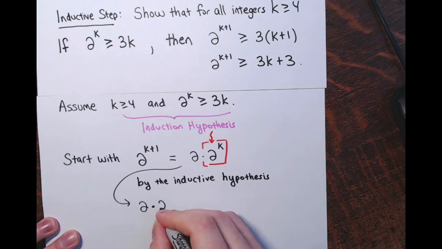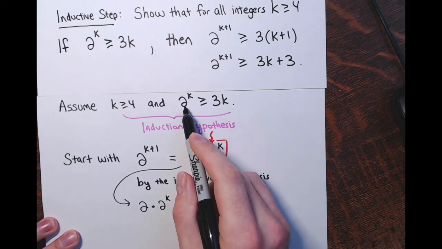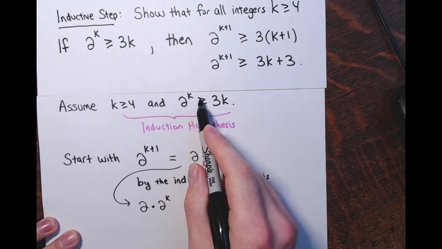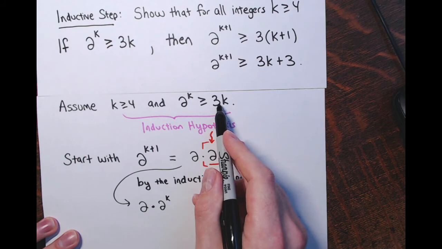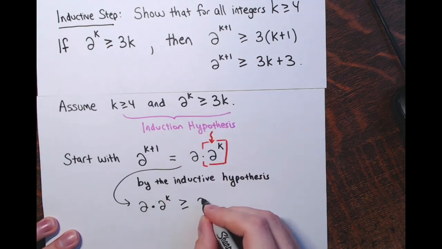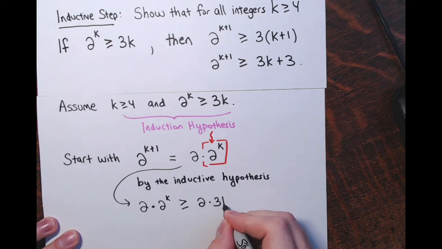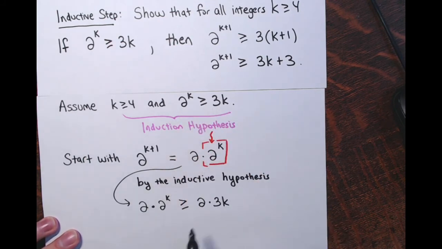This 2 times 2 to the k, well, 2 to the k we know is greater than or equal to 3k. So that means 2 times 2 to the k would be greater than or equal to 2 times 3k. Right? That's just taking this inequality we're assuming and multiplying both sides by 2.